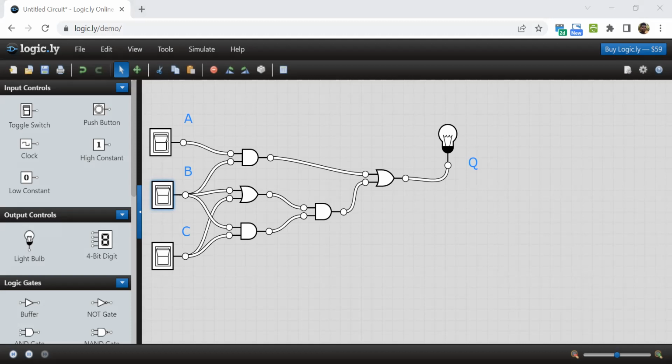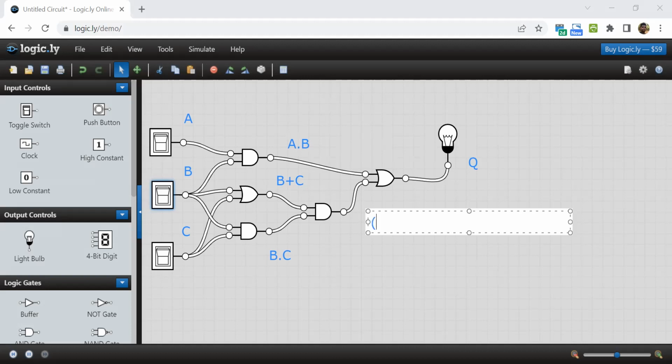First thing we know, we have A here, B here, so this is the AND gate. So we will have A dot B, isn't it? And here we have B and C, and this is the OR gate, so we will have B plus C. Here again, we have B dot C, right? And then for these two, we have another NAND gate.